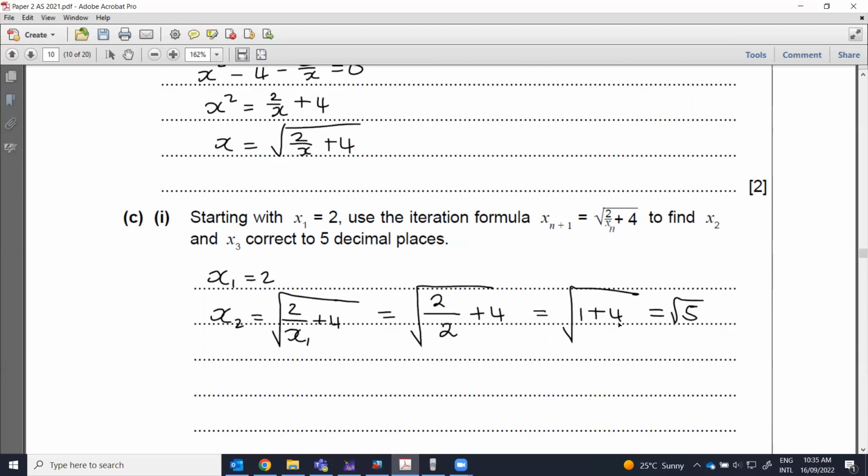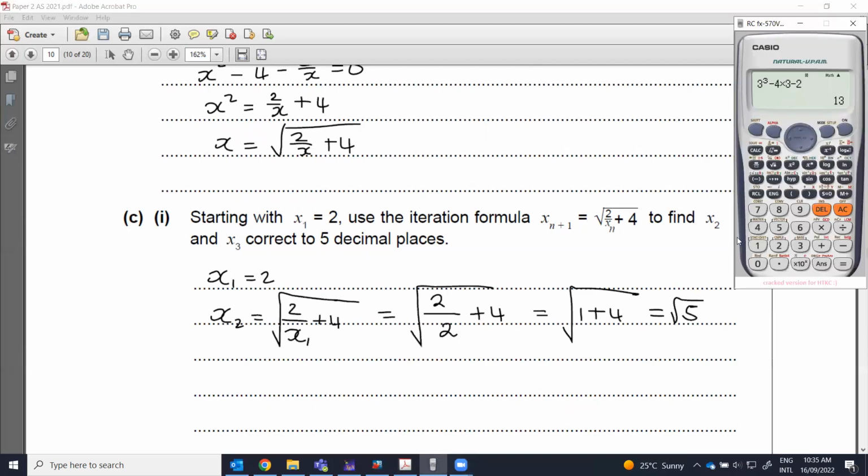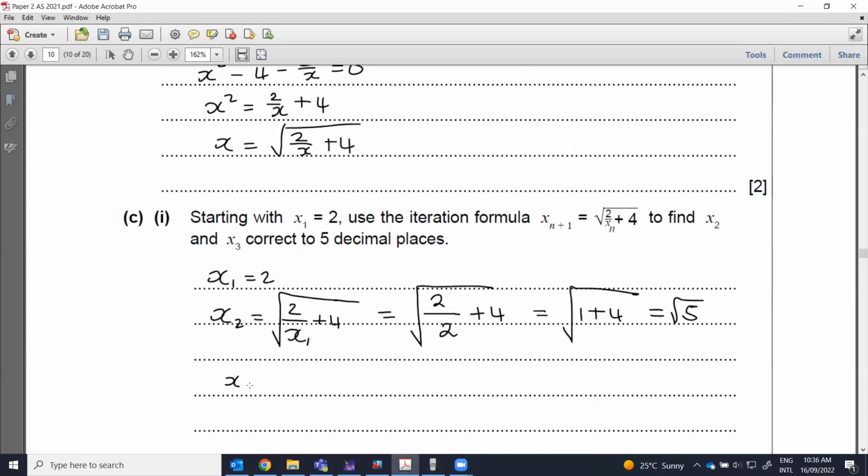I want the answer correct to 5 decimal places. So type this in on your calculator, square root of 5. So x2 is 2.23607, to 5 decimal places.